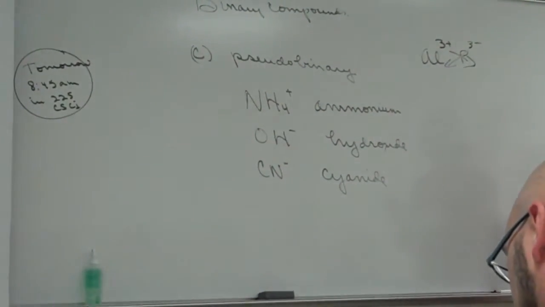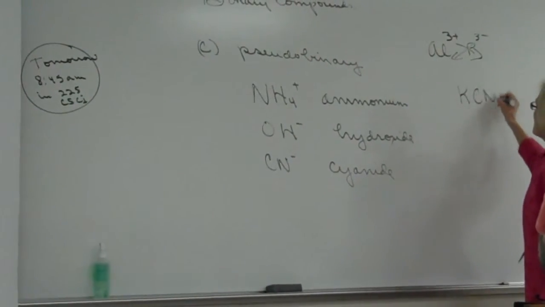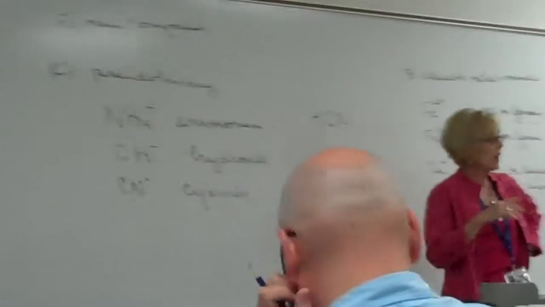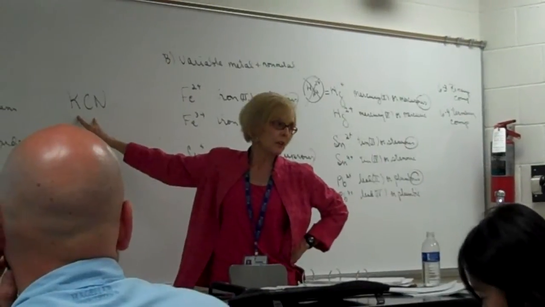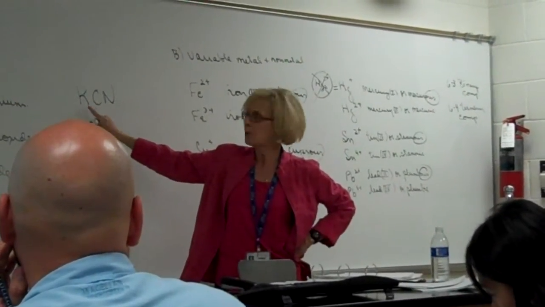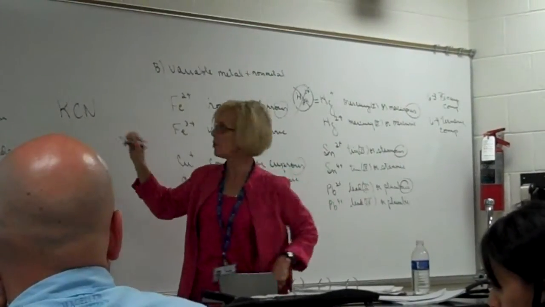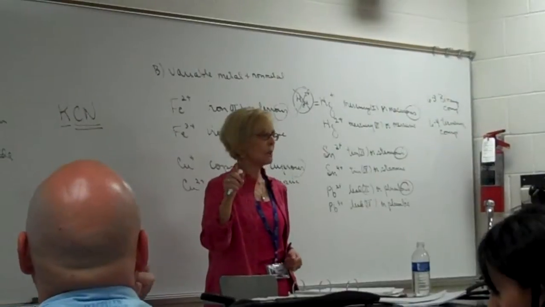Okay, now let's put this together. If I have KCN, if I look at it, technically it is ternary because I have potassium, I have carbon, and I have nitrogen. However, CN is a polyatomic ion.